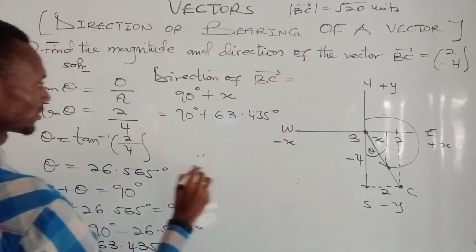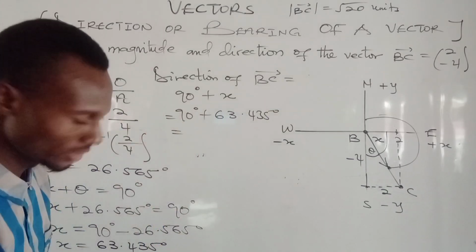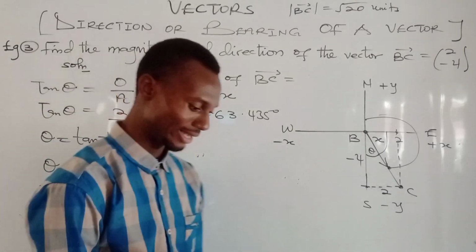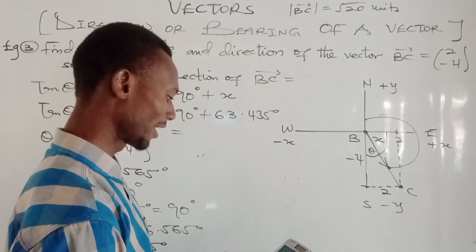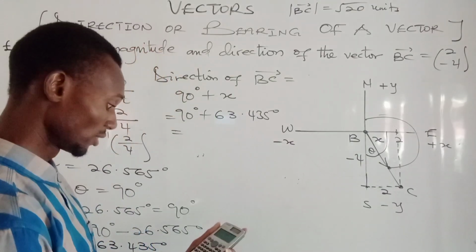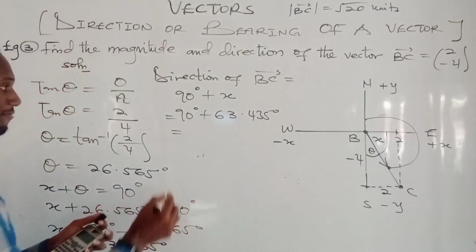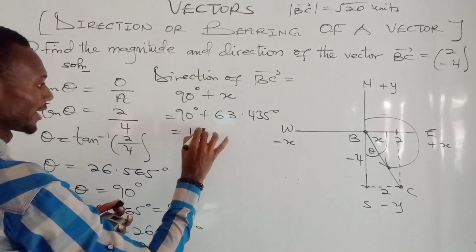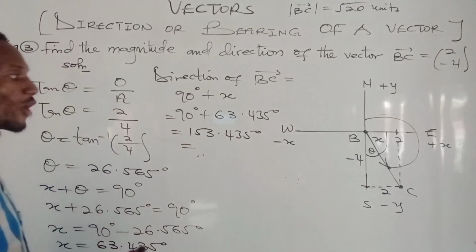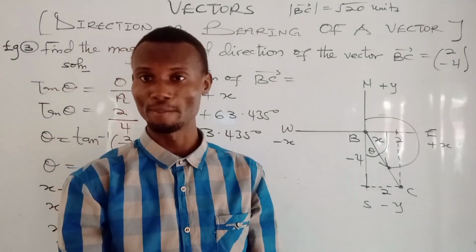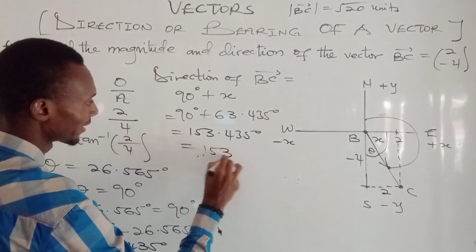Okay, so we have 90 degrees plus 63.435 degrees. Let's use our calculator to get the final answer. So 90 plus 63.435 degrees gives me 153.435 degrees, and of course you can round it to the nearest whole number, which will be 153 degrees.